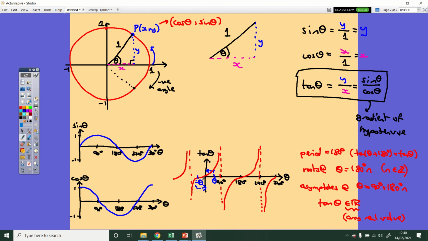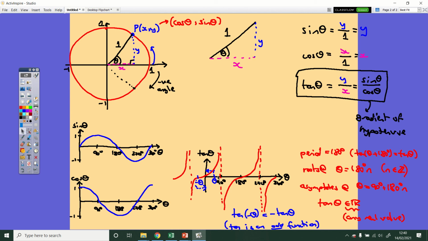The drawing there isn't particularly good, but what's going to happen is negative angles will give you the negative value of tan. So it turns out that tan is just like sine, it's an odd function. That means that tan is an odd function. And that is the graph of tan.